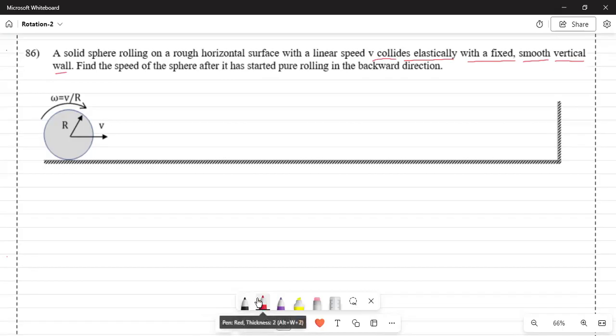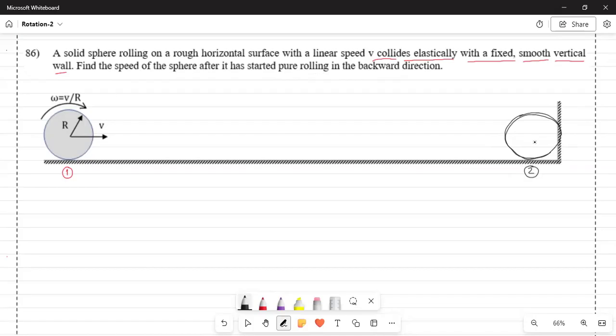So if we consider this as condition 1, condition 2 is it collides with the wall here. Find the speed of the sphere after it has started pure rolling in the backward direction.